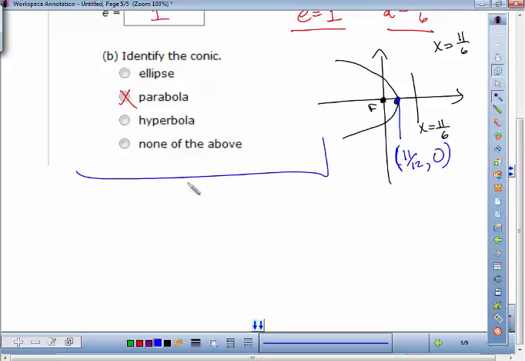So opening sideways, what is it again? Y squared is equal to 4px. What was P?